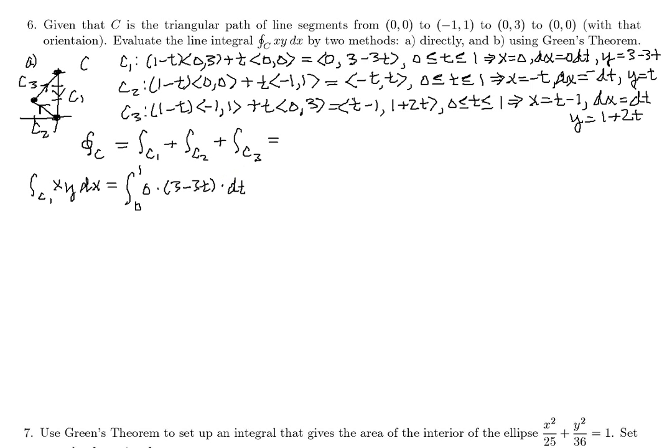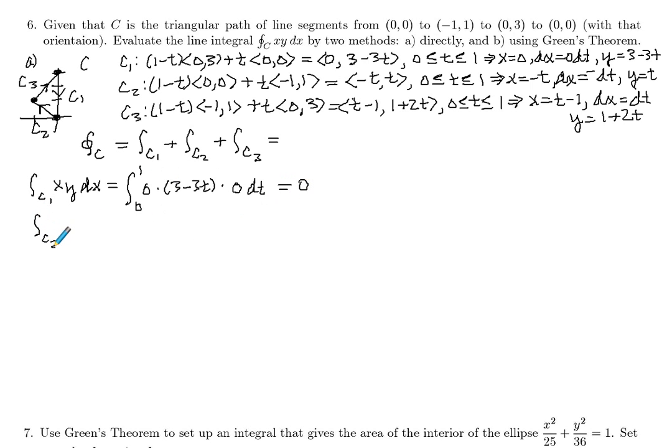Oh, actually, I need a 0 dt in there. It's still 0 without that 0 dt, but that is part of our dx. So this whole integral is 0. We're integrating 0 from 0 to 1. So you integrate 0, you get a constant, and a constant minus a constant is just equal to 0. So that part of the integral is 0.